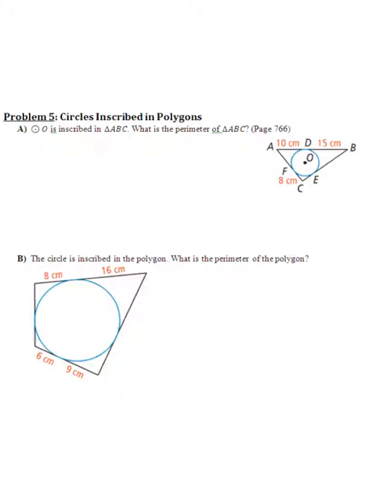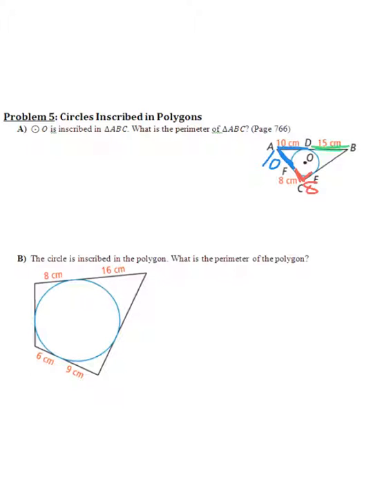Problem number 5, circles inscribed in polygons. They want to know the perimeter of ABC, this triangle out here. So to start out with, this distance is 10. This distance shares an endpoint and also hits the circle, so this distance is also 10. We've got a distance of 8 and another distance of 8 since they share an endpoint.